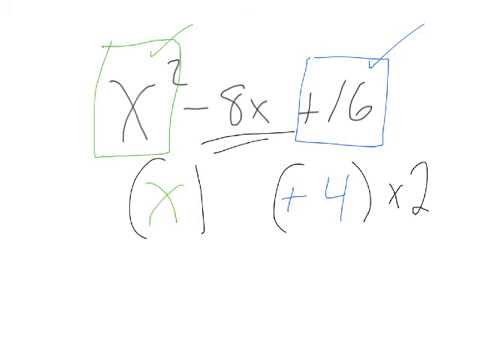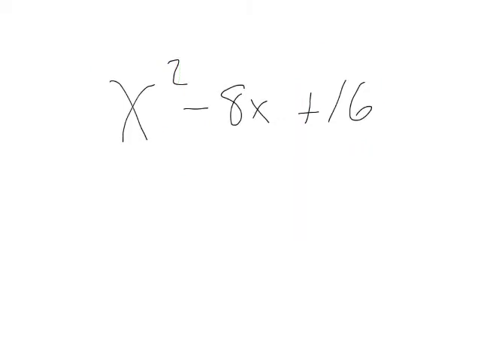It is. This again is a perfect square trinomial. And it can be easily factored as the x from the first term, the 4 from the third term, squared, and then I just have to look at what do I have in the middle. In this case, it's a minus. So I know that there is a minus here in the problem. This would factor as (x minus 4) quantity squared.